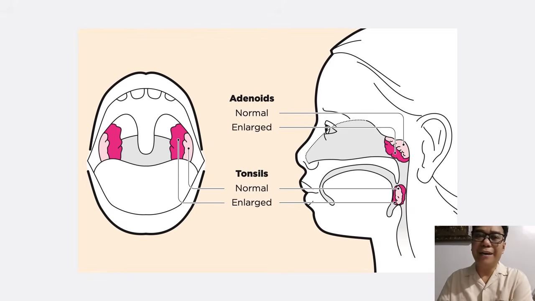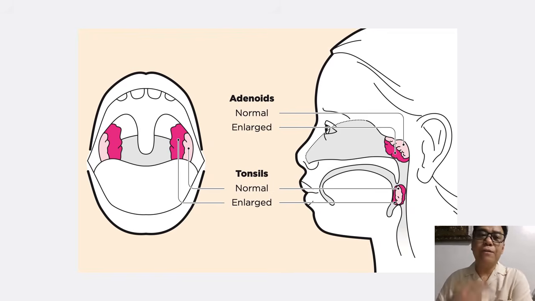What else? We could also offer cold drinks and foods. What do I mean? For example, we could offer some ice cold fluids. Okay. We could offer ice chips. Okay. And in terms of food, make sure that it is a bland diet.